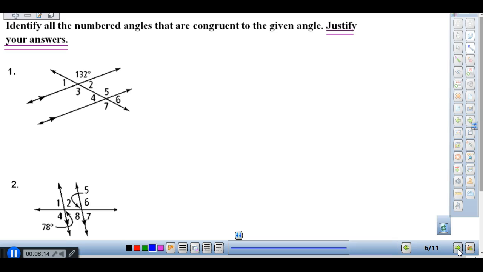Alright, so we know that this angle is 132. What angle do you want to find right now? Angle 1.